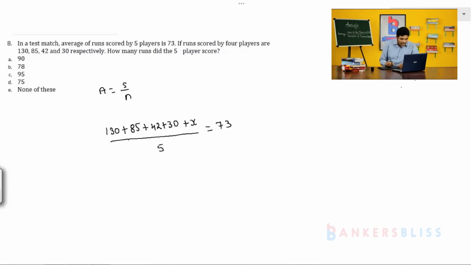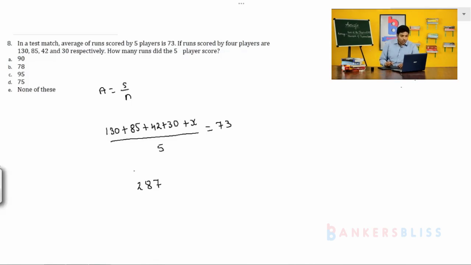Now you add these 4 values: 0 plus 5, 5 plus 2, 7, so the unit digit is 7. Next 3 plus 8 is 11, 11 plus 4 is 15, 15 plus 3 is 18. So 1 carry over, 1 plus 1 is 2, so 2 here, 287.